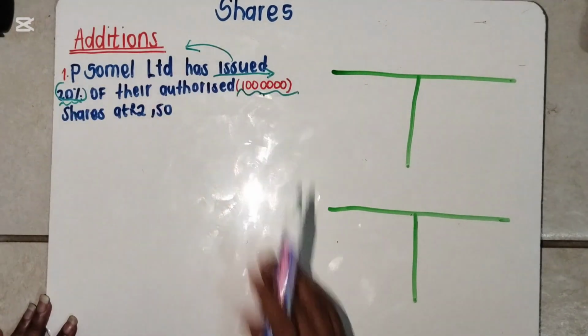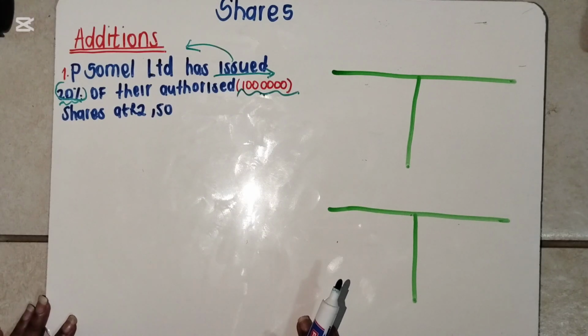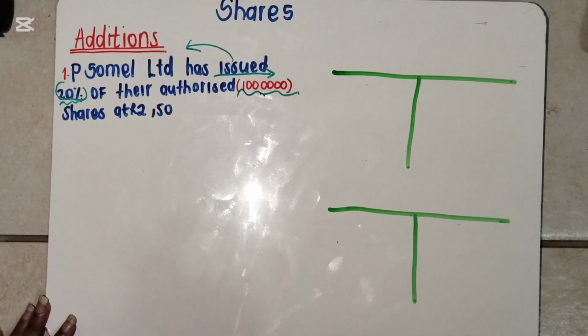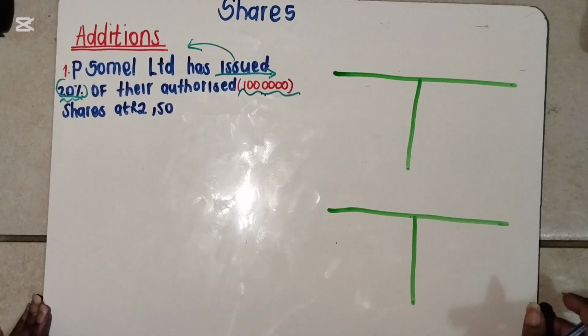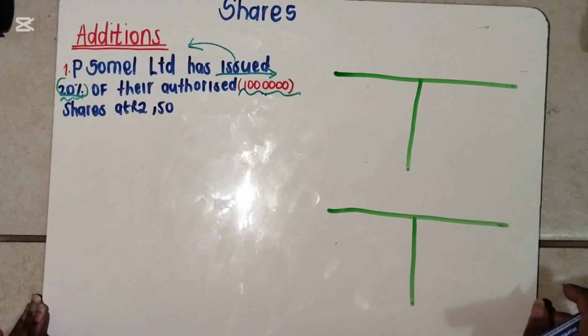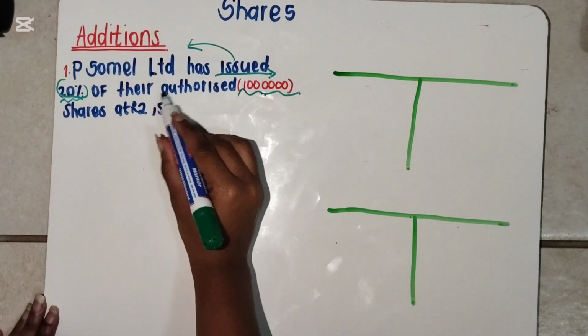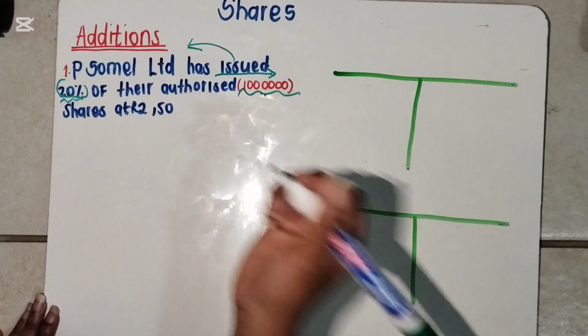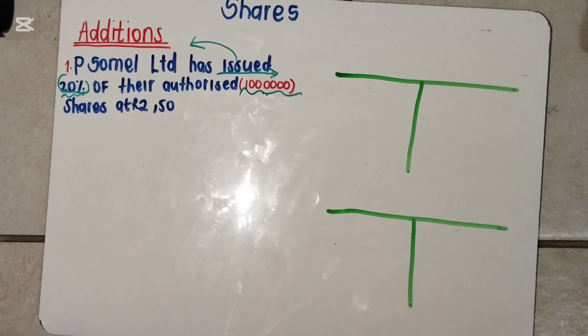Please go to my TikTok channel to check out the notes that I've uploaded there. I did explain what authorized means in the notes, as part of a series explaining the different concepts of grade 12 company notes. Yeah, please go through that.